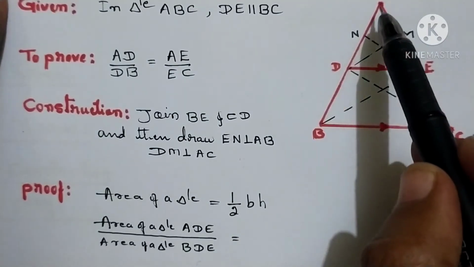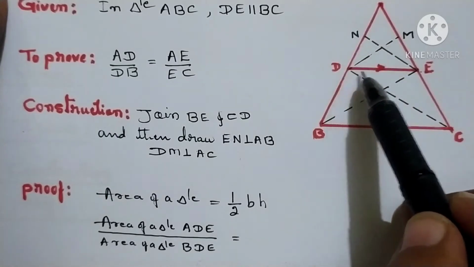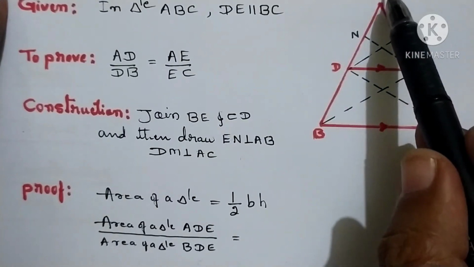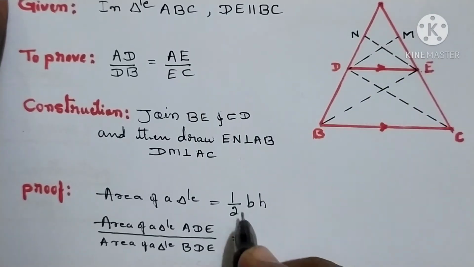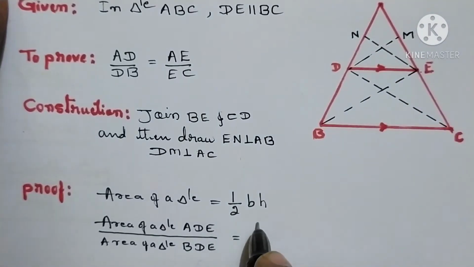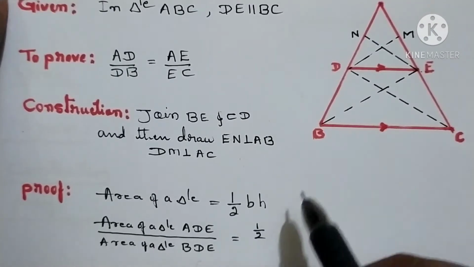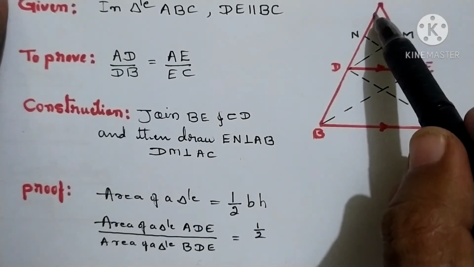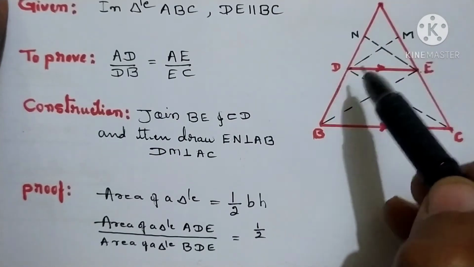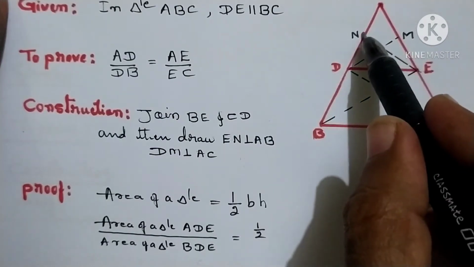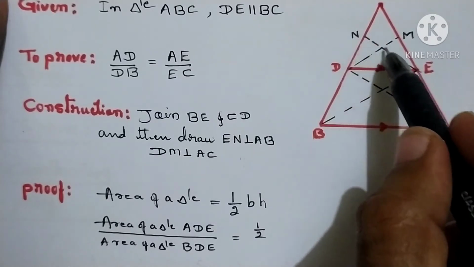Now in this triangle ADE, according to this formula we should write half, then base. Here in this triangle AD is the base, and EN is the height of this triangle.